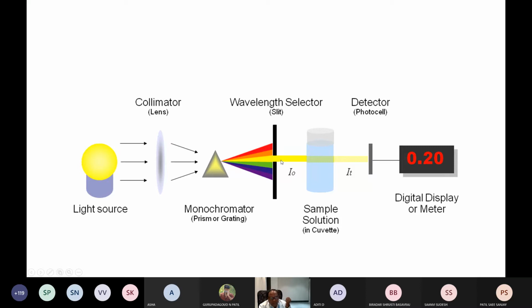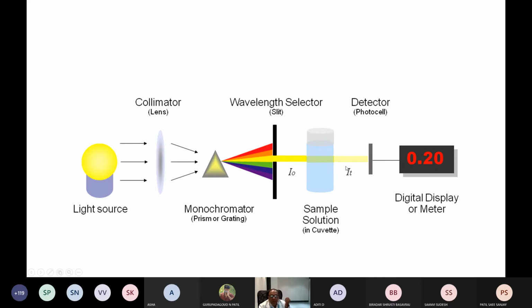So here the amount of light passing through is related to the amount of light absorbed. It is directly related to the concentration of the solution, and it is inversely proportional to the amount of light transmitted, that is coming out of this cuvette.